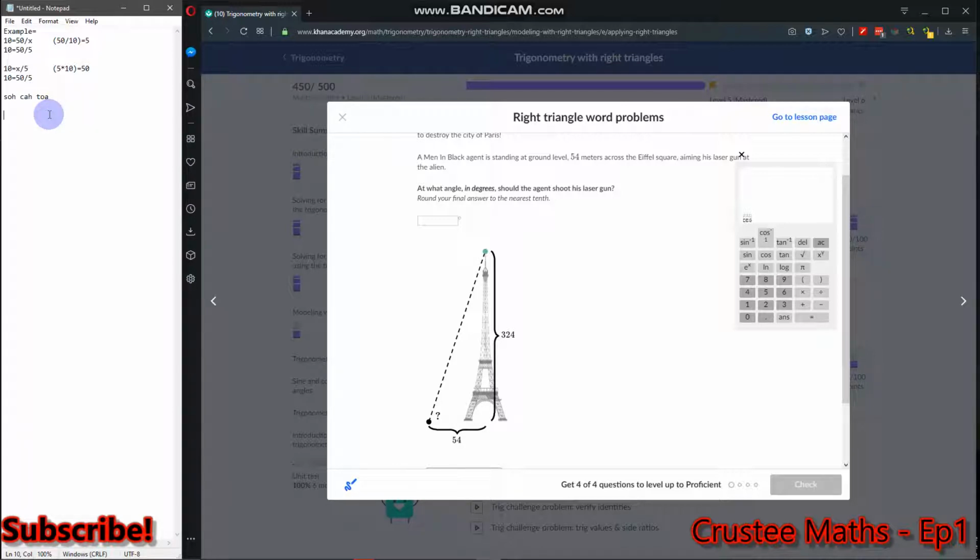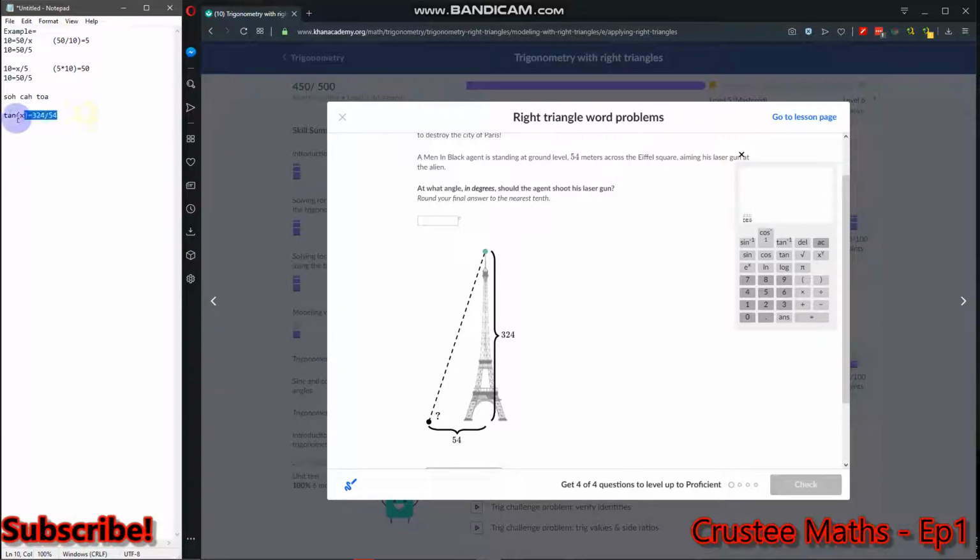So we're going to write down tangent of an angle. Let's call it theta or x. X is fine. Tangent x is equal to opposite over adjacent. Opposite is 324 over 54.